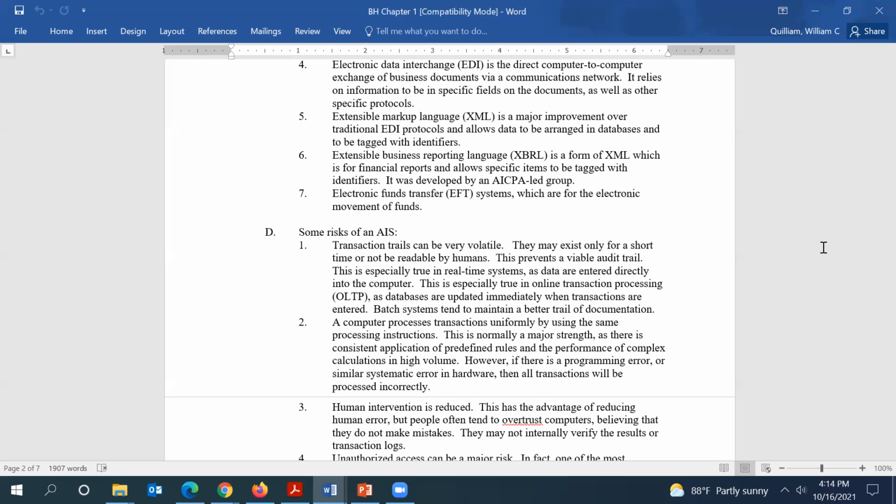Best thing to do if you write a paper check, put it in a mailbox personally or give it to the letter carrier person. Any questions there so far?